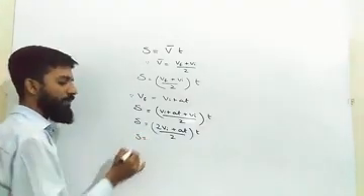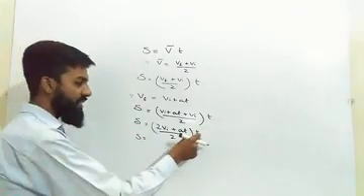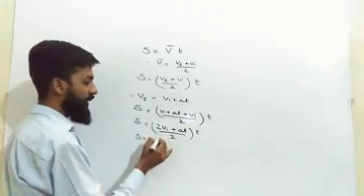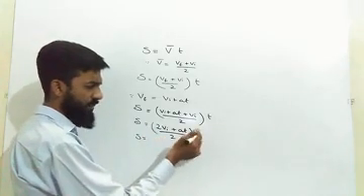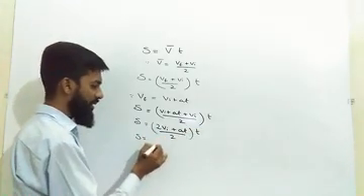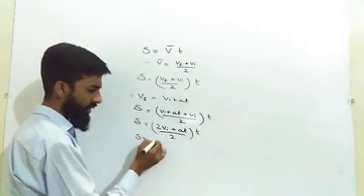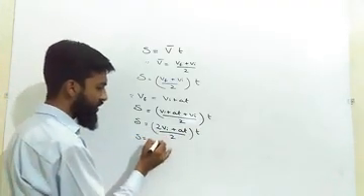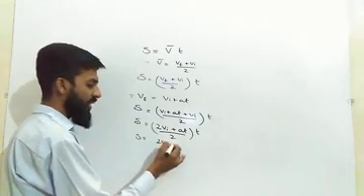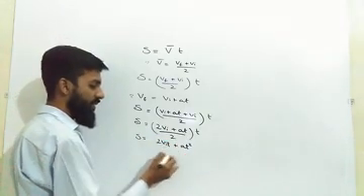In the next step, when t is entered in the bracket, it is multiplied with this expression, so we get 2Vit plus at square.